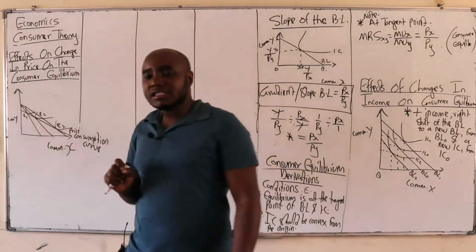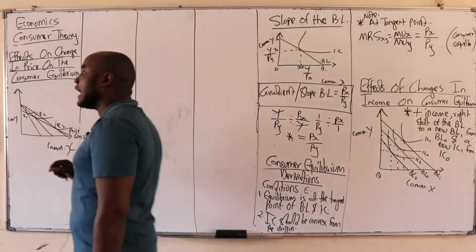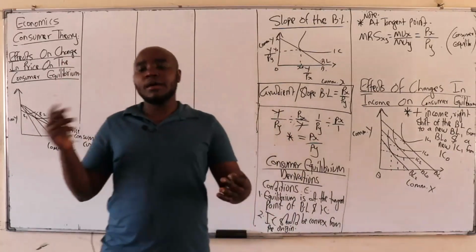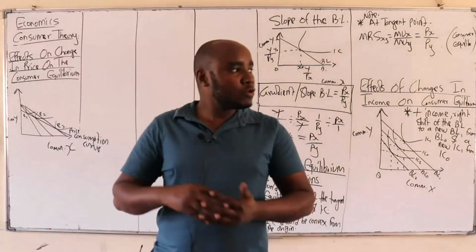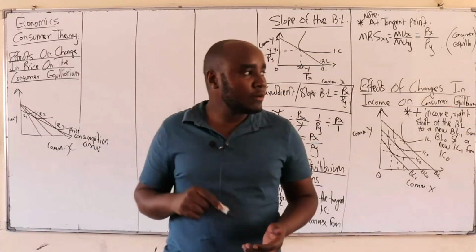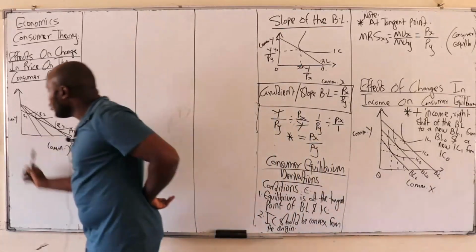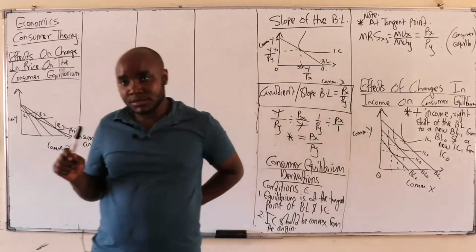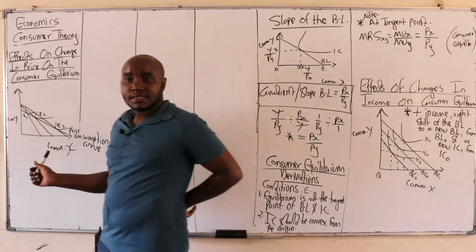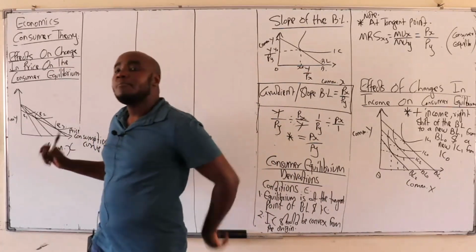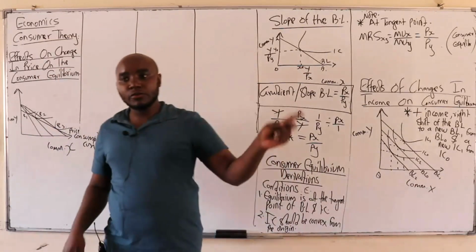Like we said, an indifference curve is just a locus of points to show the combination of commodities having similar utilities. Or what you're talking about is that these two goods are substitutes, is it? You see? So if the price of commodity X reduces, then people will tend to consume more of X at the expense of Y.